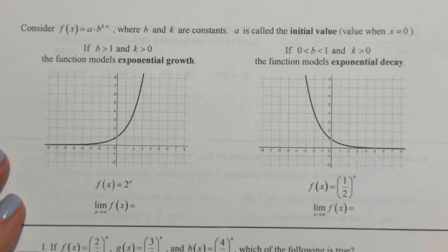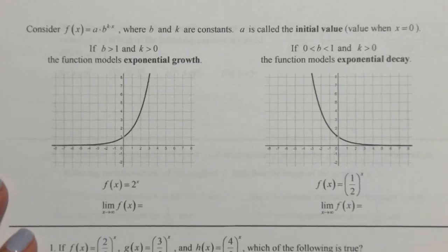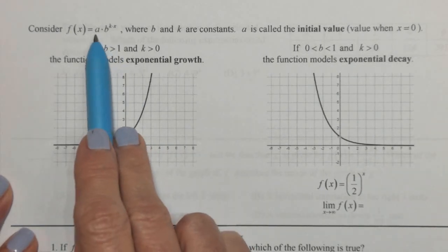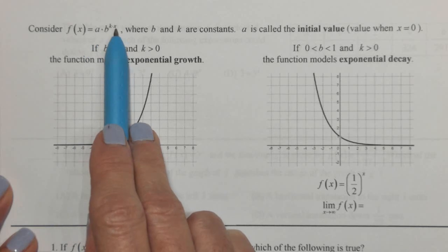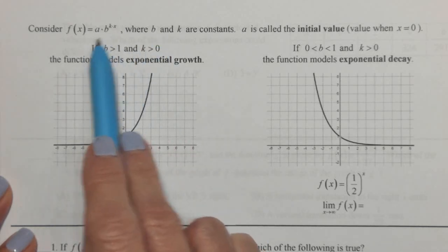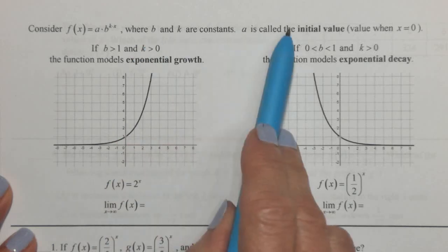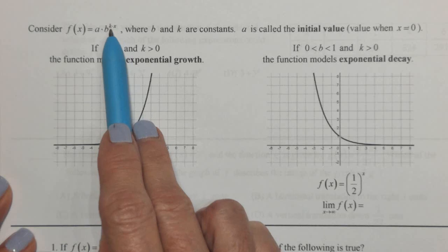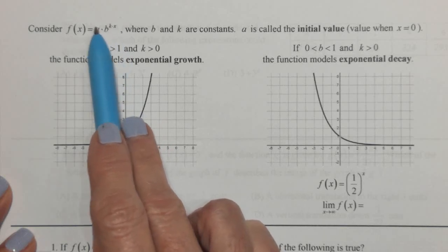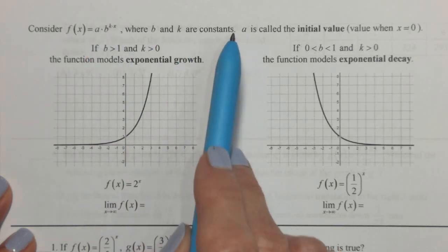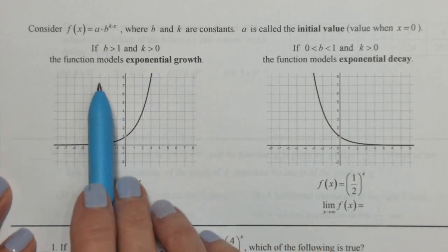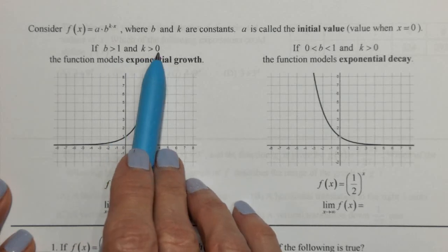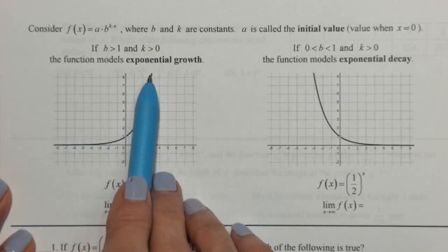So, just a recap for what we found when we were experimenting with these graphs. If you have a times b to the kx, where a, b, and k are constants, a is called the initial value. That is the value when x is 0. So if x is 0, b to the 0 is 1, and you'll be left with a. If b is greater than 1 and k is positive, you have growth.